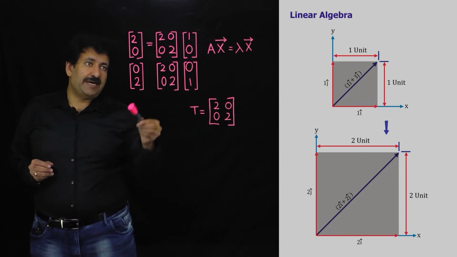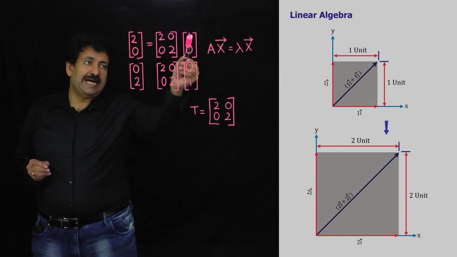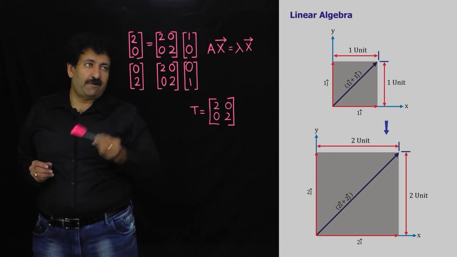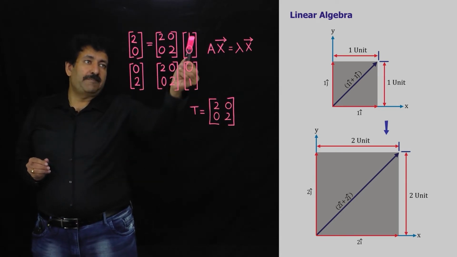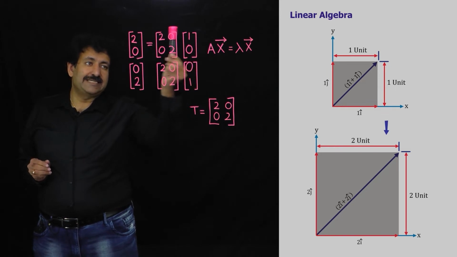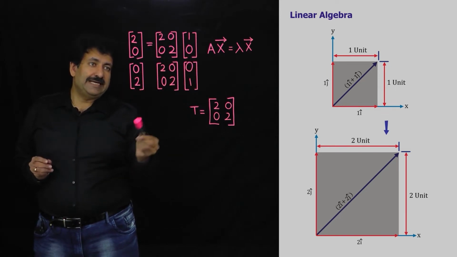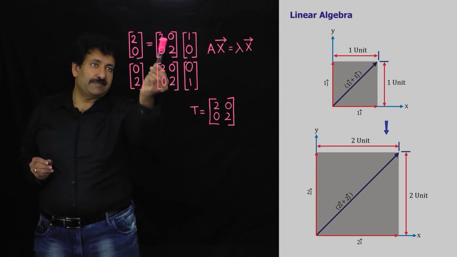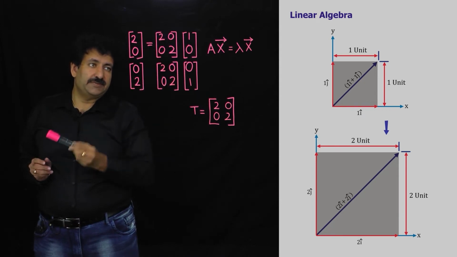Now, going by the definition of transformation, I am trying to transform this horizontal vector with the magnitude 1 along x and 0 along y, and the transformation matrix, as I have explained, is 2, 0, 0, 2.